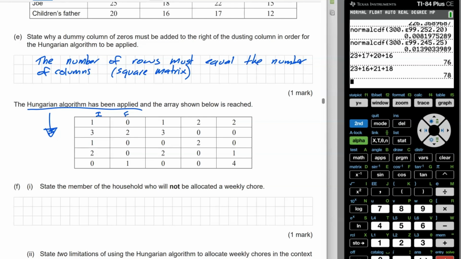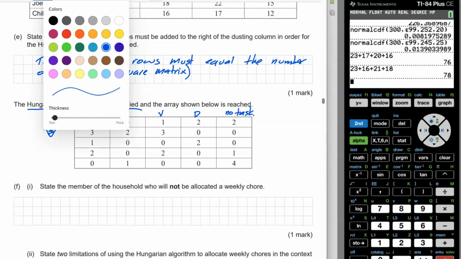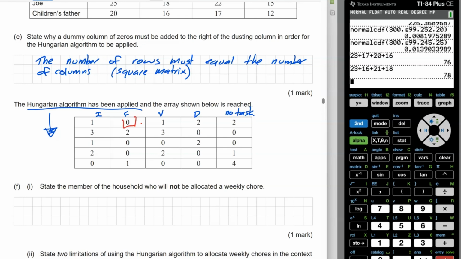So we're doing ironing, folding, vacuuming, the dusting, and then remember this last one is now going to be no task. Okay, so when we go to allocate here, I'm looking along my rows. I can see that there's only one zero. I might just change my pen color. There's only one zero here, which means that I think it was Kelly, the first person, is allocated to the folding.